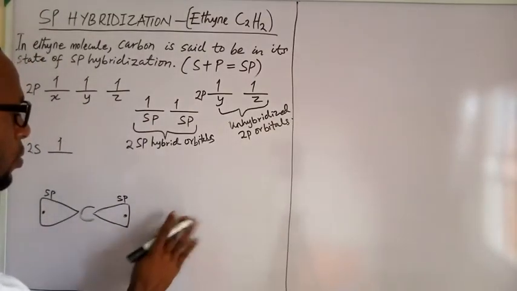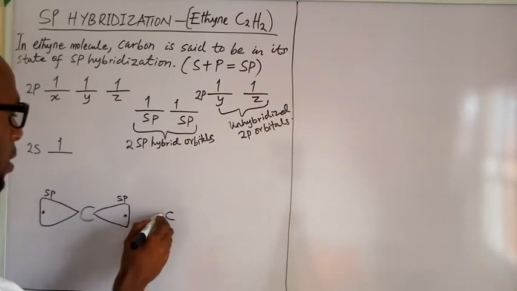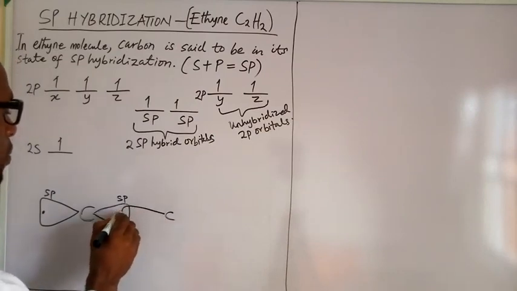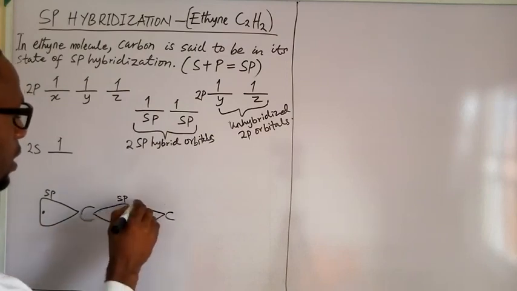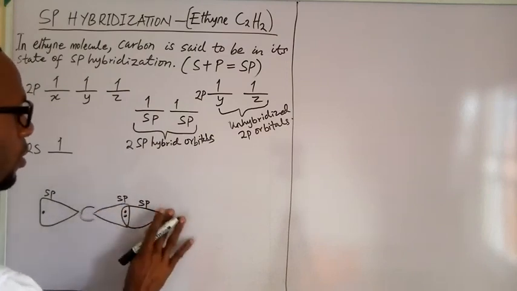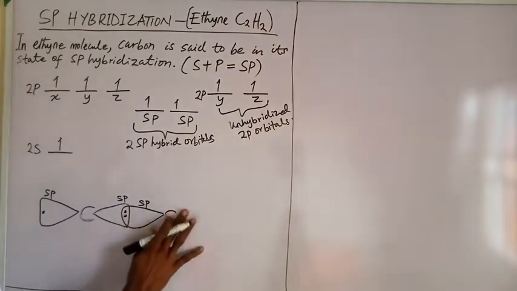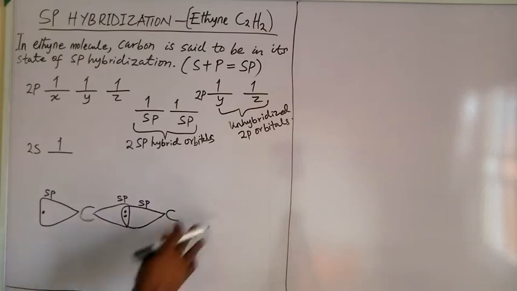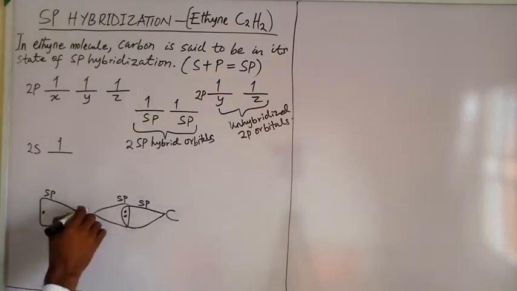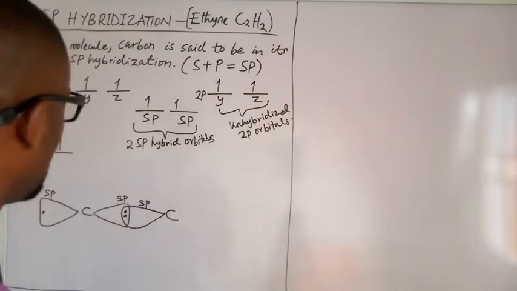All right, so for the second carbon here, you have the sp hybrid orbital. In this case, it's going to overlap with this sp hybrid orbital. Okay, so this is what you have. For this second carbon, I'm trying to see if I can give a beautiful diagram. Nice.